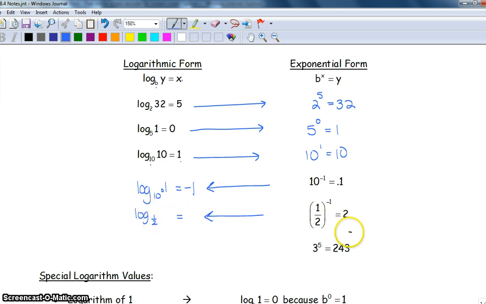It's set equal to whatever your exponent is, so that's equal to a -1 again, and your answer is there. Our base is 3. We're raising it to the 5th power, so that's what we set it equal to, and this is 243. So know how to go from logarithmic to exponential and from exponential to logarithmic.